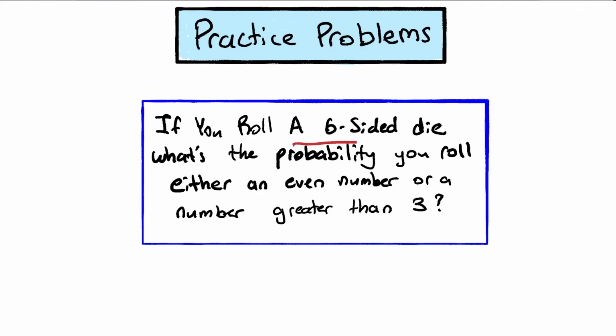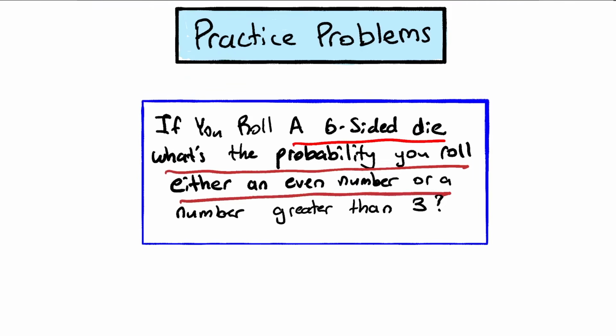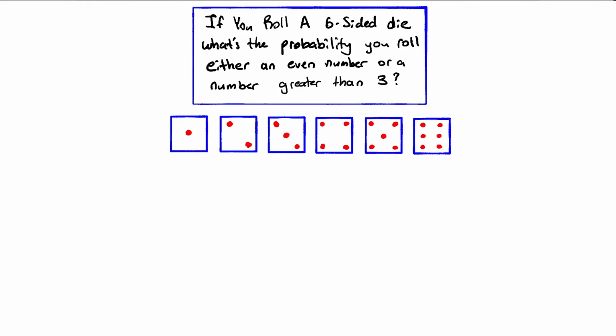If you roll a 6-sided die, what's the probability you roll either an even number or a number greater than 3? Now the main thing to emphasize here is that these two events, the event you roll an even number and the event you roll a number greater than 3, are not mutually exclusive. For example, if you roll a 4, that is both an even number and greater than 3.